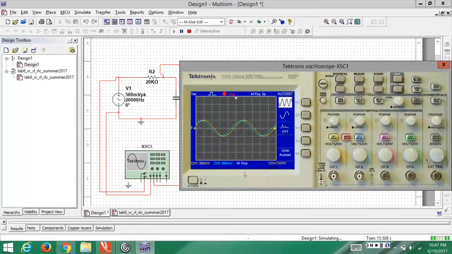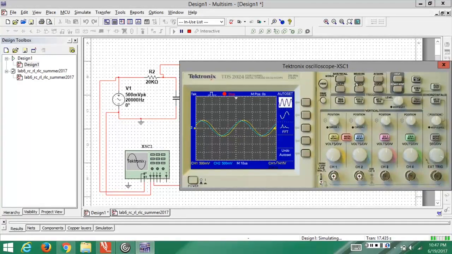At the bottom of the oscilloscope screen, it says M is 10 microseconds, so each block represents 10 microseconds. Either we can calculate this, or we can see visually how many blocks one cycle of this waveform spans. It can be 1, 2, 3, 4, 5, just by looking at it, without using any cursor.